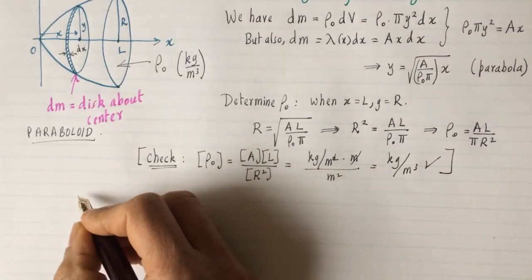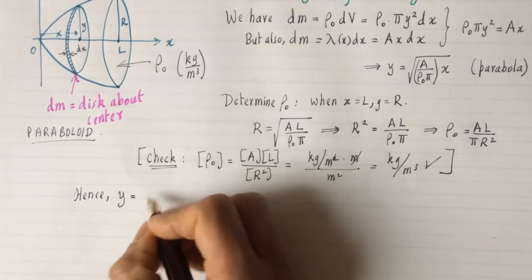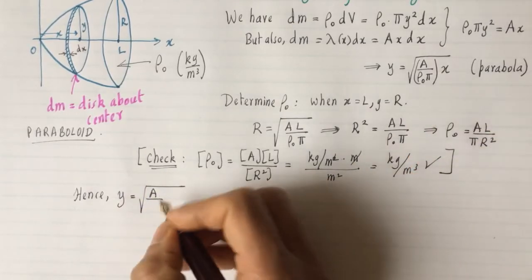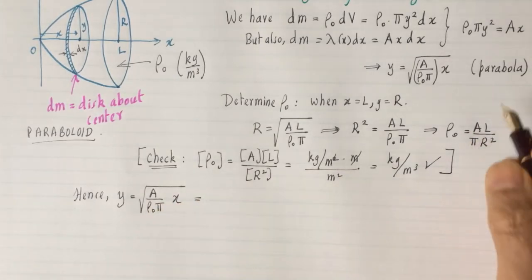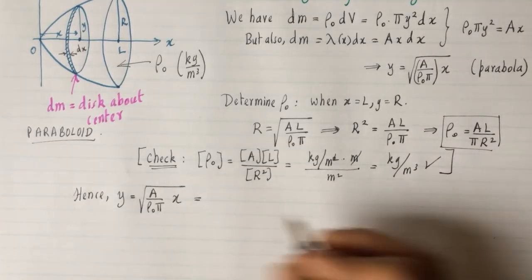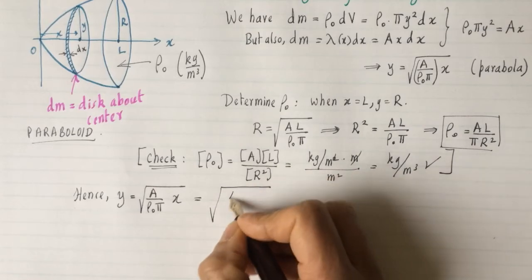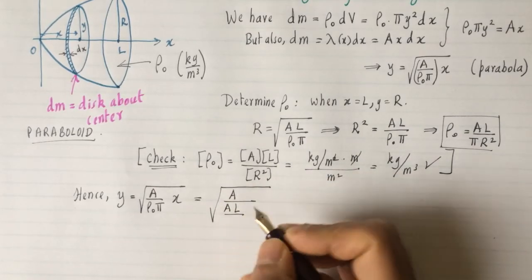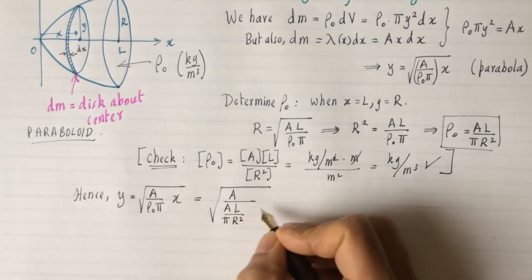Let's also rewrite the shape of the curve. y equals square root of A over rho naught pi times x, and now we have got our rho naught. So why not get rid of it once and for all? Rho naught is not a variable in the problem. It's something I simply made up to set the problem up, so I have to get rid of it.